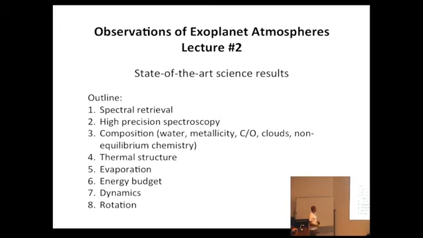Anyway, so today we're going to pick up with discussion of state-of-the-art science results. And I've got a little bit of an outline here. It may seem like a lot, but I think it'll go pretty fast. I'm going to start with a discussion not necessarily of results, but setting the stage for a lot of the results that I'm going to be talking about.